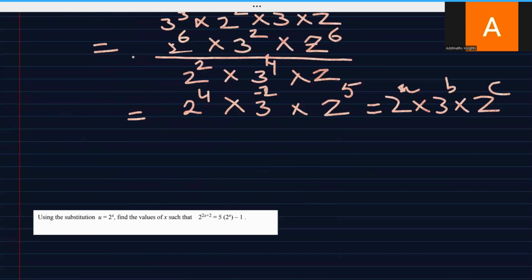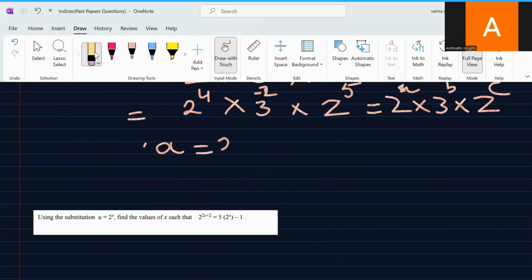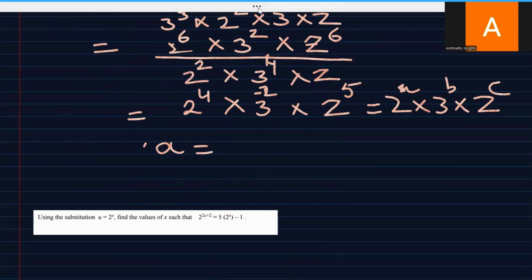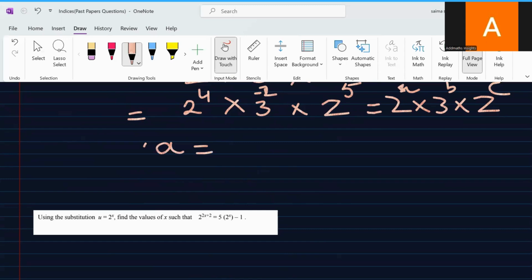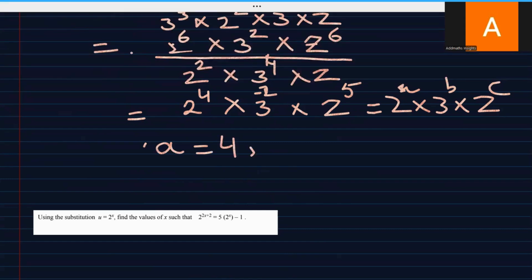Then you can compare it and find the values of a, b, and c. So when you compare, you see that the value of a is 4, the value of b is minus 2, and the value of c is 5. So this is how you can find the values of a, b, and c. Now next question.